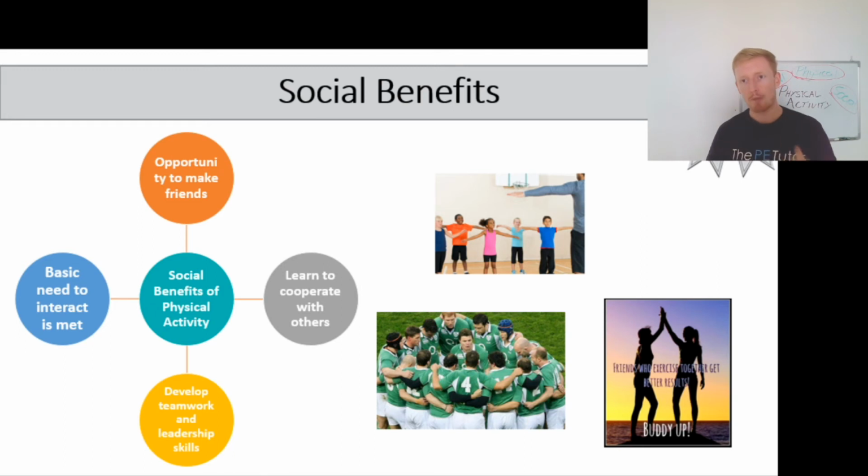We learn to cooperate with people. In the middle there with the Ireland rugby team, there's a lot of people on the pitch at once. 15 on your team, 15 on the others. To actually get this effective sporting situation, you're going to have to not make sacrifices, but it's a balancing act.